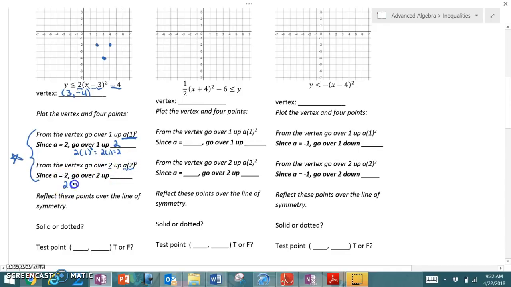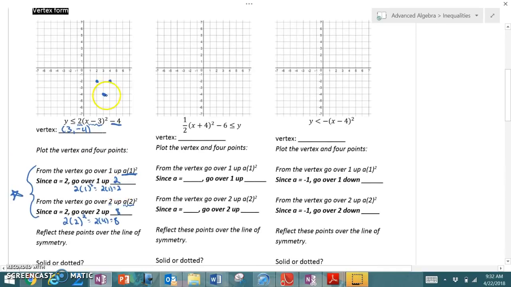So again, the a is still 2, the 2 squared is 4, 2 times 4 is 8. So from the vertex, I go over 2, up 8. And then you'll see that this is not a V, it's not a constant rate of change like it was in the absolute value, which is why it's a curve.